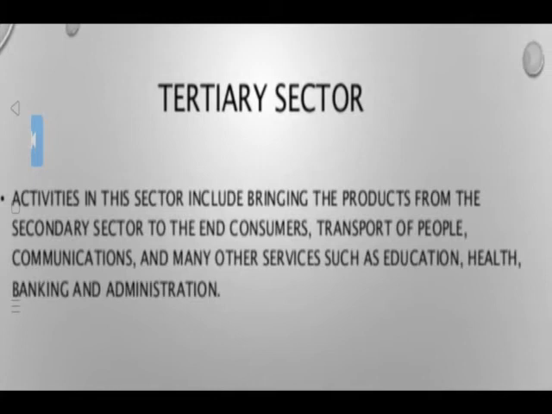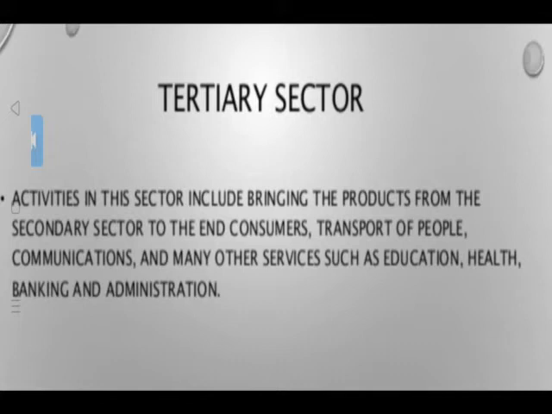Now first understand the meaning in simple terms of tertiary sector. Activities in this sector include bringing the products from the secondary sector to the end consumers, transport of people, communications, and many other services such as education, health, banking, and administration.